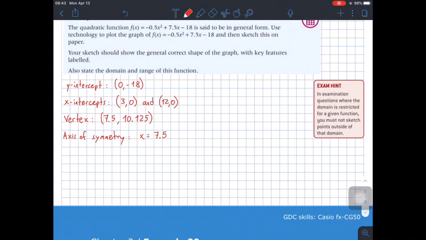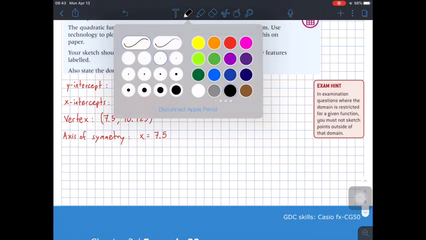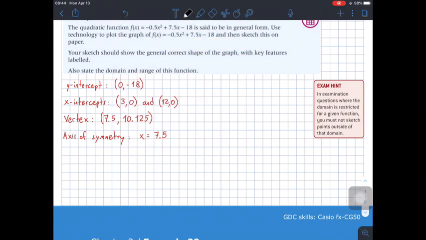Now you're going to see how simple it is to sketch. To sketch, I don't even need to write all the numbers in the coordinate plane. I should just do something like this. This is x, this is y. Then the y-intercept is 0, -18.